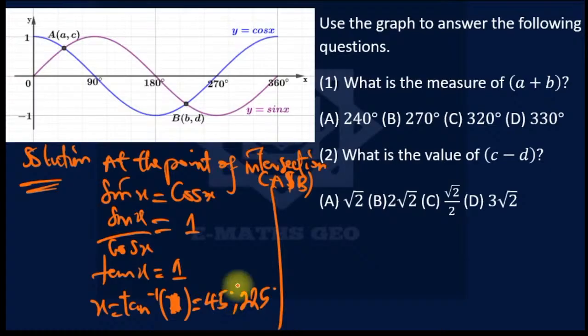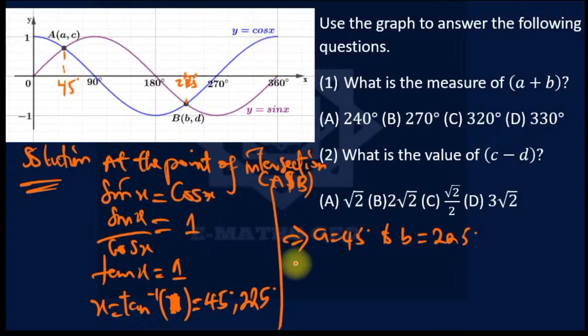So from here you see that A is 45 degrees and B is 225. So you can see from here. So this is 225, this is 45. C is now in y.